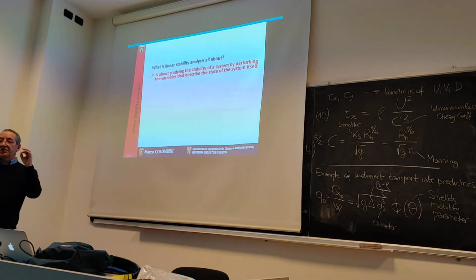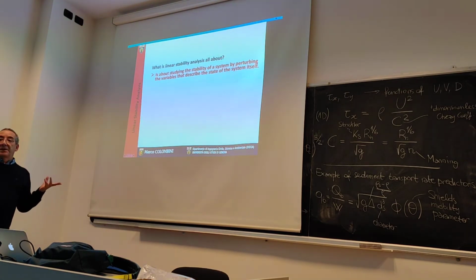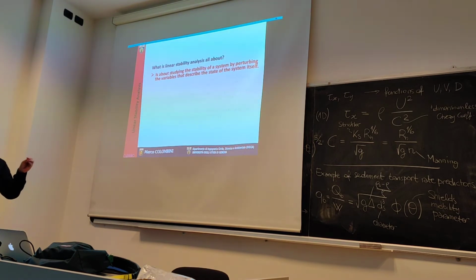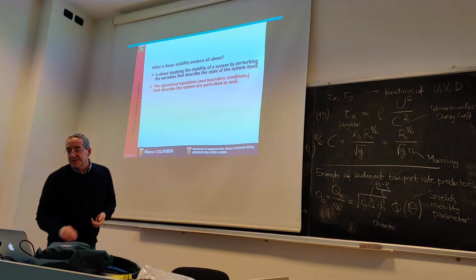So a state which is characterized by some set of parameters. The whole idea is that you just perturb these parameters, these variables, and see what happens. If the system moves away from this initial state, then it is unstable.